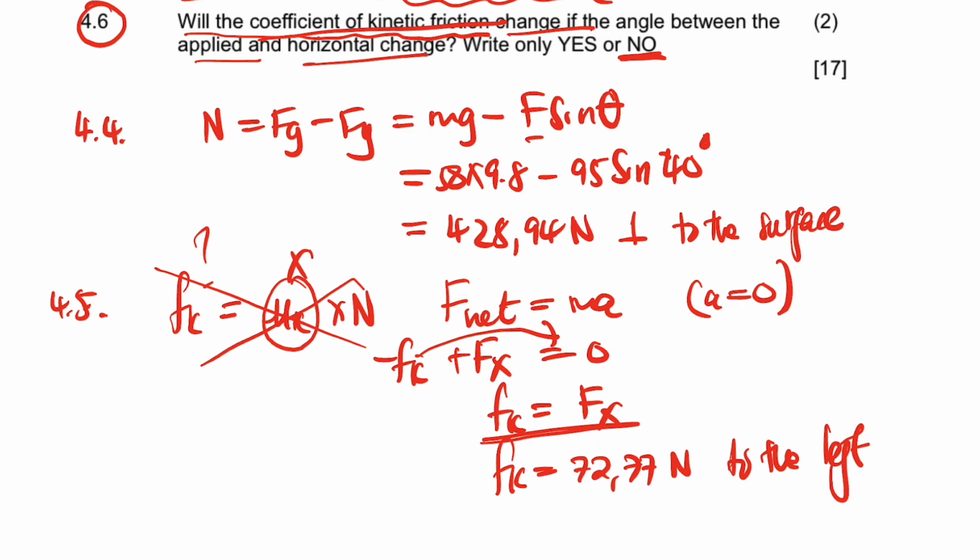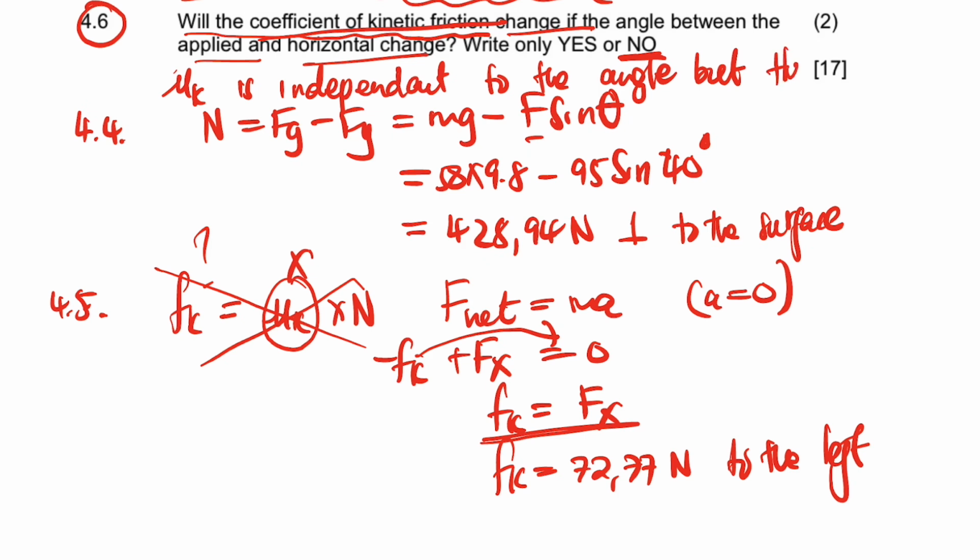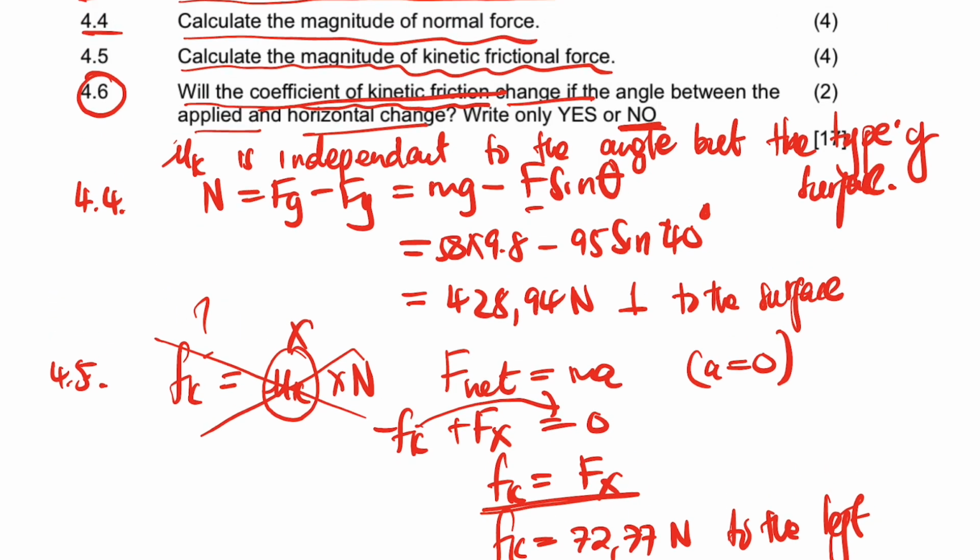If they ask for the reason, you will say mu k is independent of the angle. The mu k does not depend on the angle, but on the type of surface, on the type of material that is used on the surface.